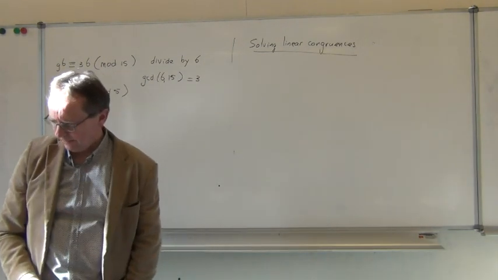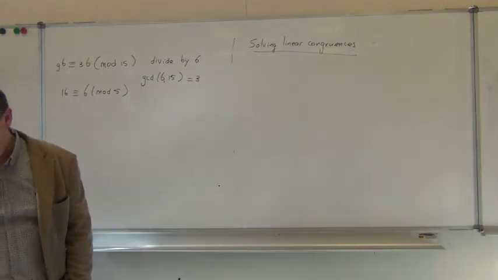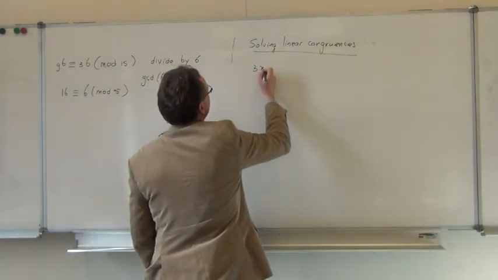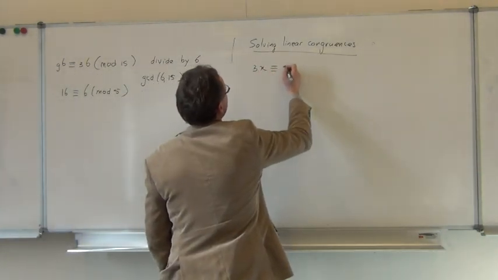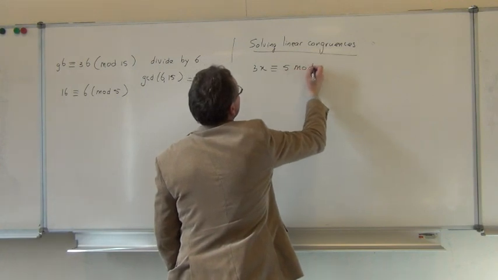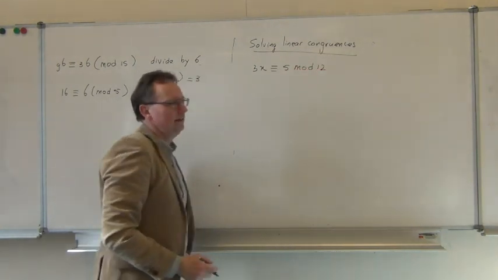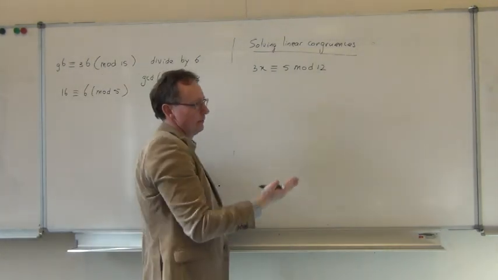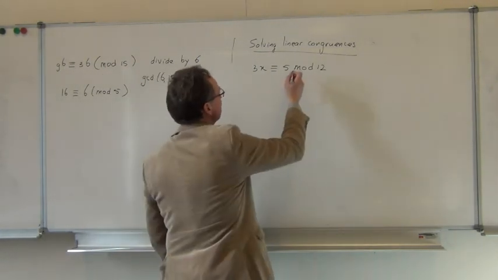Let's start with this example. We have 3x congruent 5 modulo 12. Solving means we want to find x congruent to something, the remainder class for x.